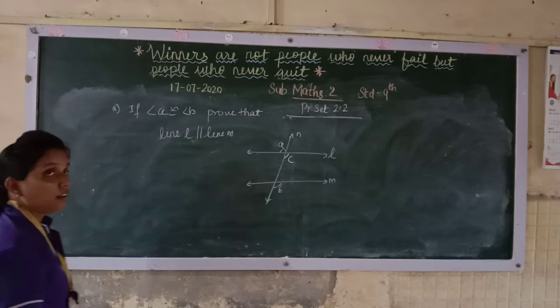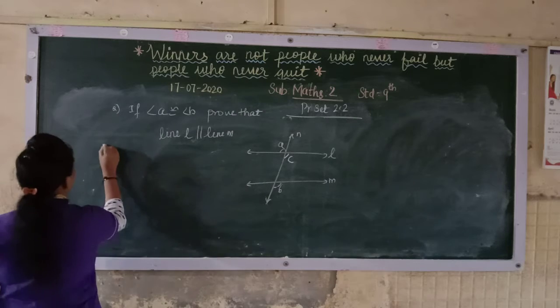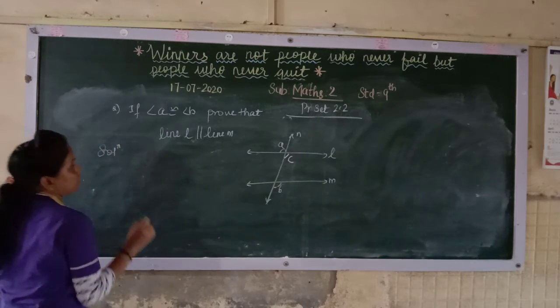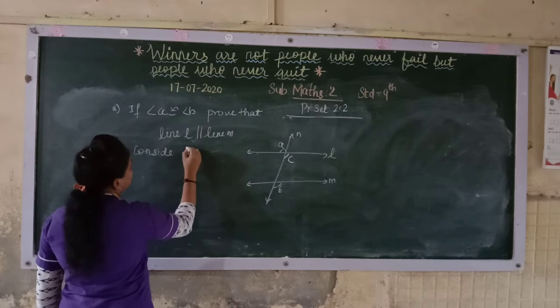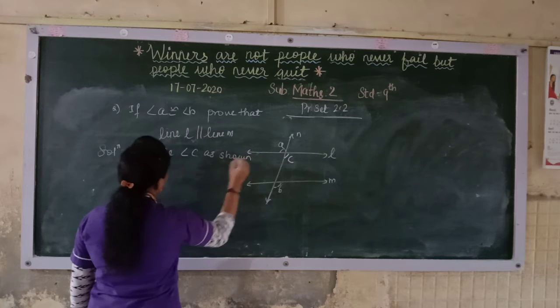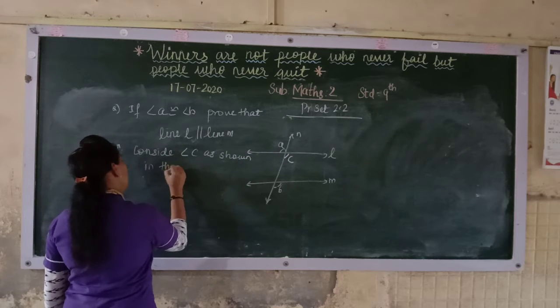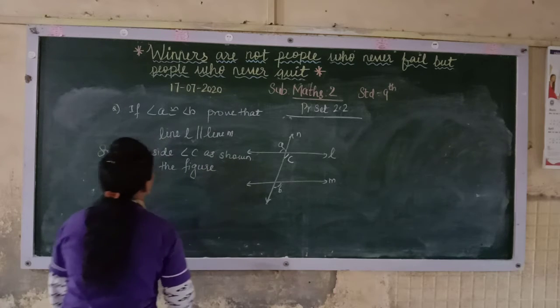Therefore, you can show that line l is parallel to line m by the corresponding angle test for parallel lines. So here we can write. Now see what you will write. Consider angle C as shown in the figure. Now see what you know.